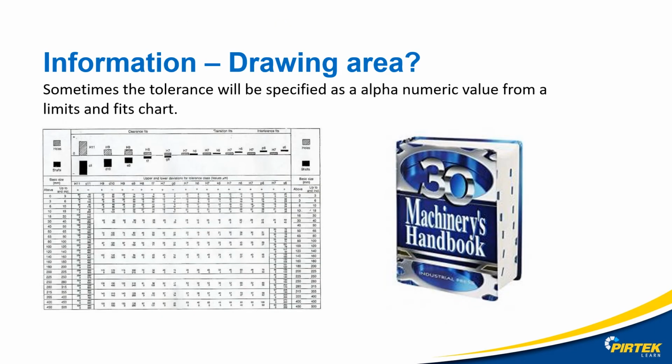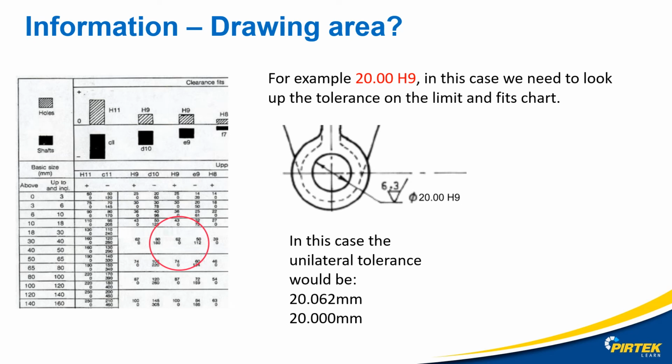Sometimes the tolerance will be specified as an alphanumeric value from a limits and fits chart. This chart will be available online, or you can look it up in your copy of the Machinery's Handbook if you have one. In this example, we have a 20 millimeter H9 tolerance specified on the drawing.